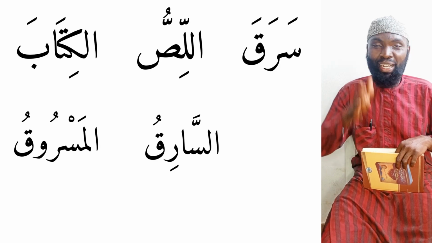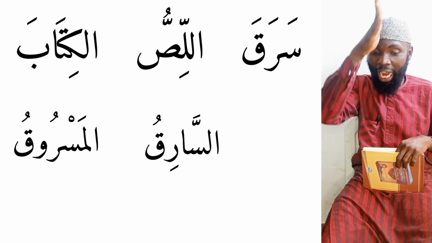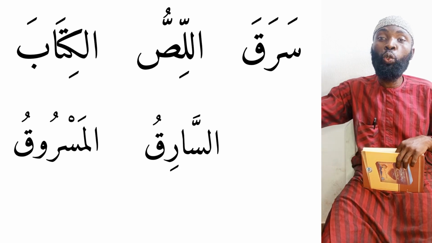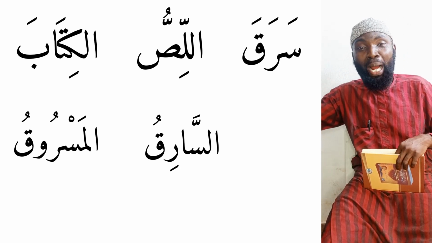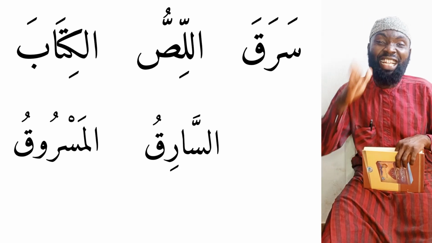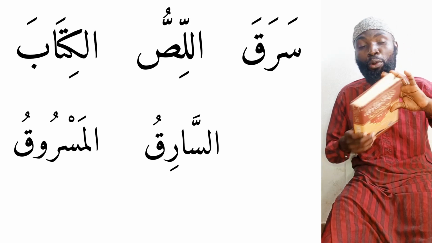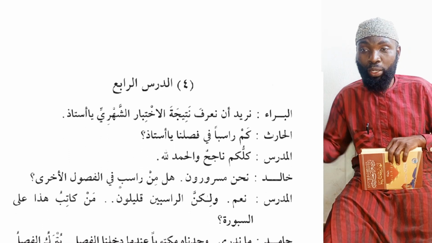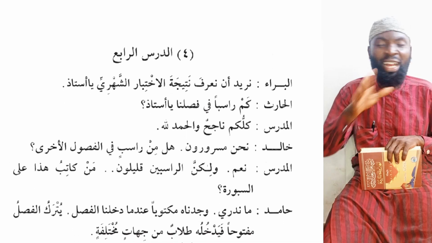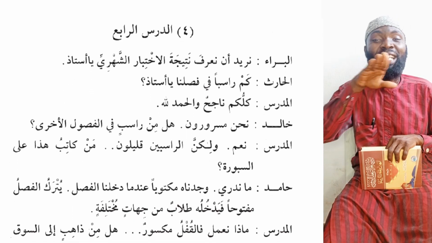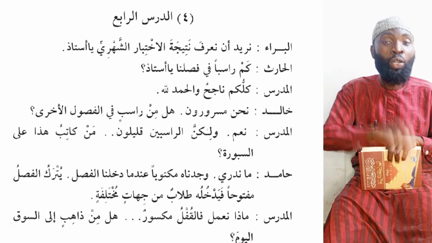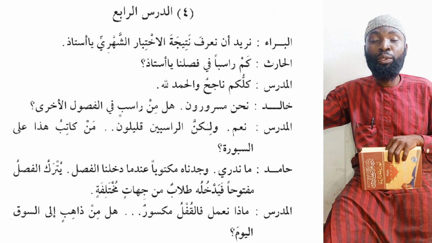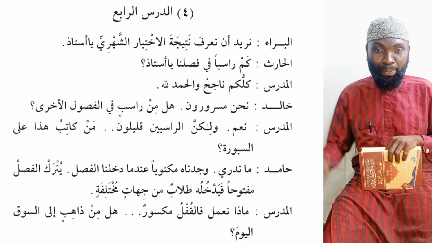Can you see the difference? The first is the performer, shakirun, someone who appreciates. Then mashkurun, someone who is being appreciated. As we move on in this lesson from our book Durus al-Lughat al-Arabiyyah, we'll come across a host of other words from the passage, and from here you understand the topic Ismul Fa'il, called the active participle, and Ismul Maf'ul, the passive participle.